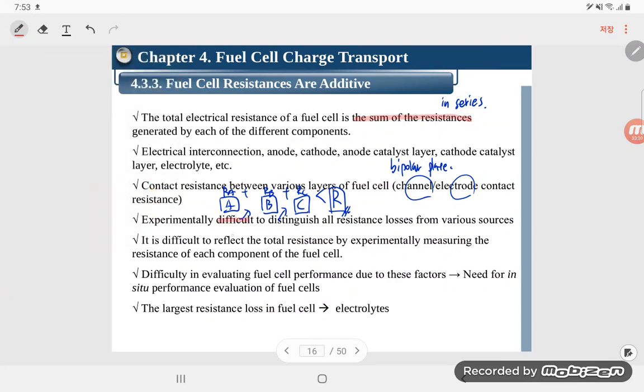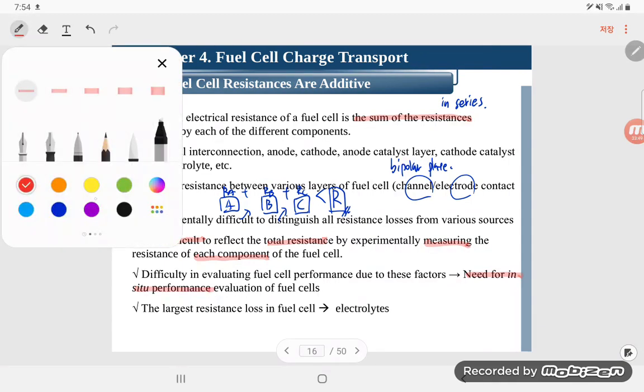And there is also difficulty in evaluating the fuel cell performance due to these factors. Even though we know the resistance of each component, we cannot exactly anticipate the effect of each resistance on the fuel cell performance, right? So in situ performance evaluation of the fuel cell is strongly needed.